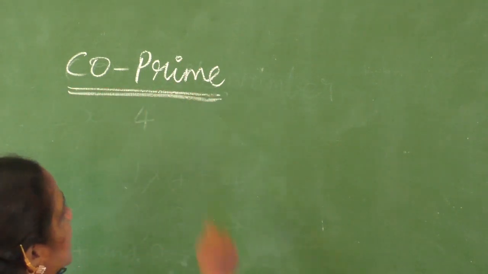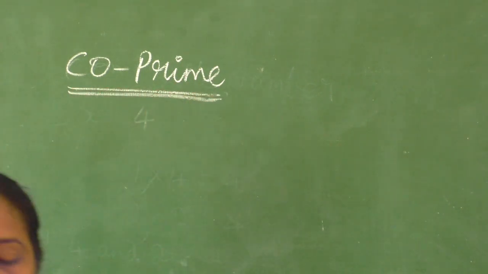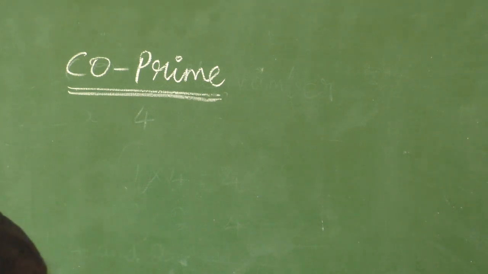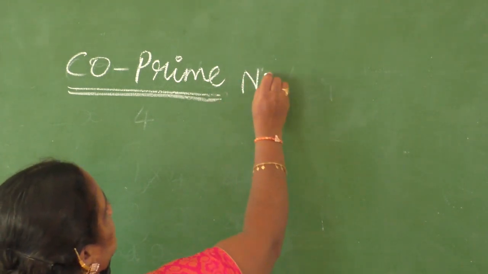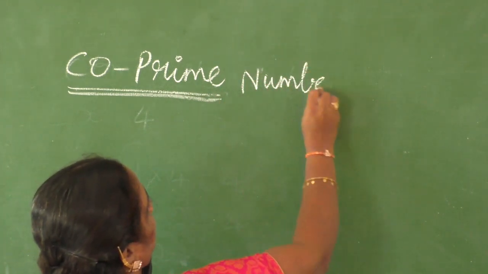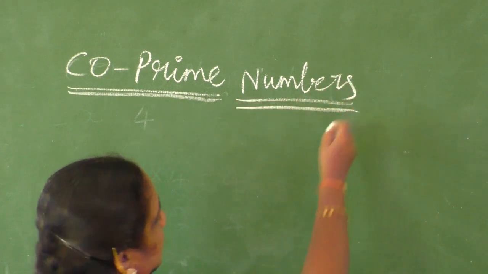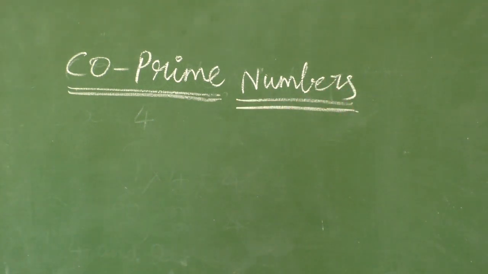Prime numbers mean they have only 2 factors, one and itself. Next we are going to see co-primes. What is meant by co-prime numbers? Two numbers are said to be co-prime if 1 is the only common factor between them.